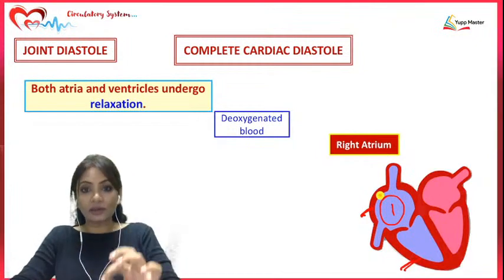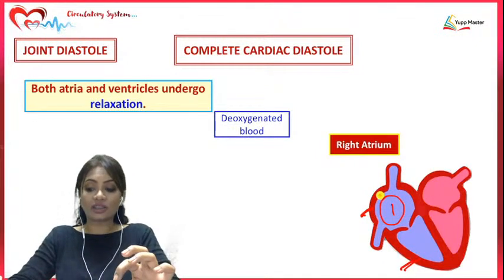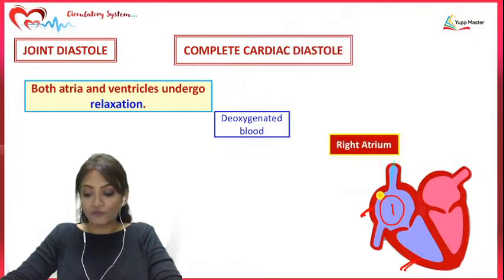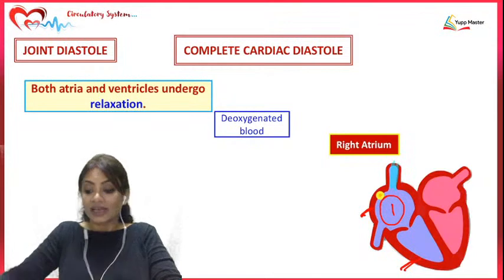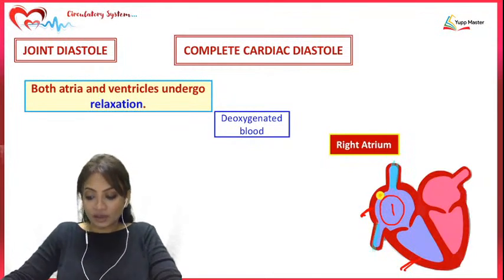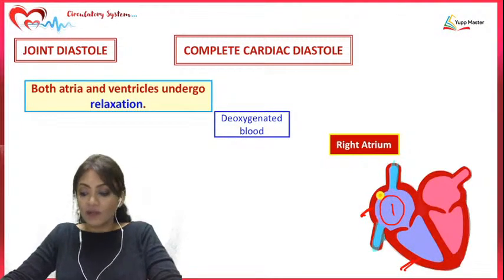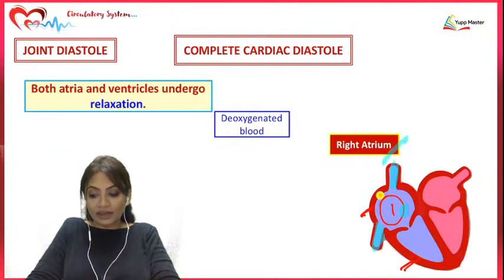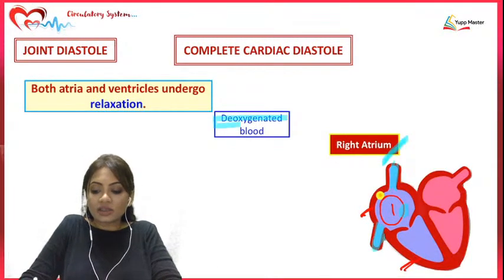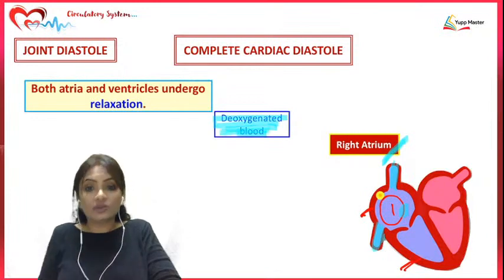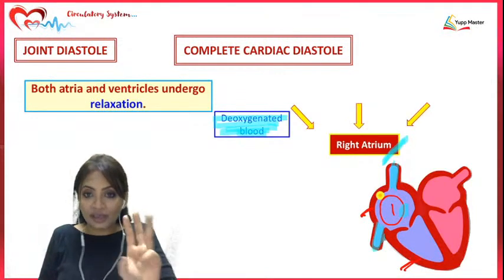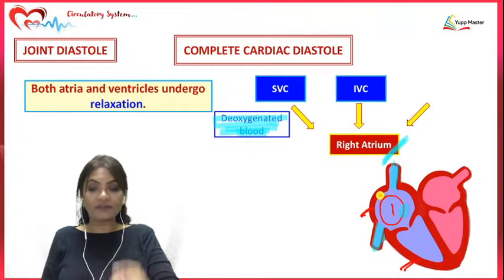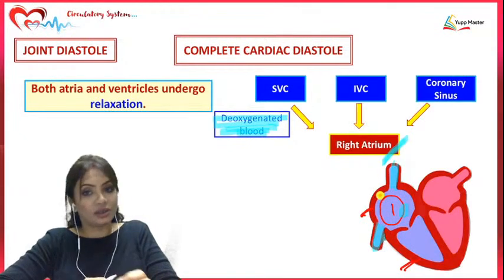In the right atrium, it is all deoxygenated blood, and it enters through first the superior vena cava, second the inferior vena cava, and third the coronary sinus. So at the level of the right atrium, the deoxygenated blood enters through three ways: the superior vena cava, the inferior vena cava, and the coronary sinus.